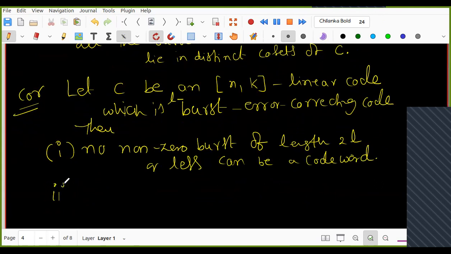Okay. Second one is that n minus k is less than or equal to 2L. This bound is called the Reiger bound.